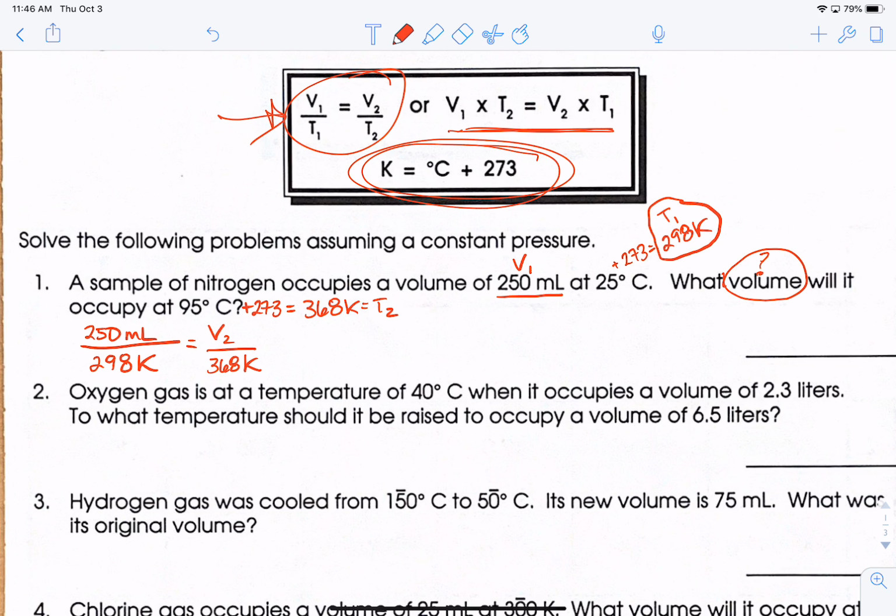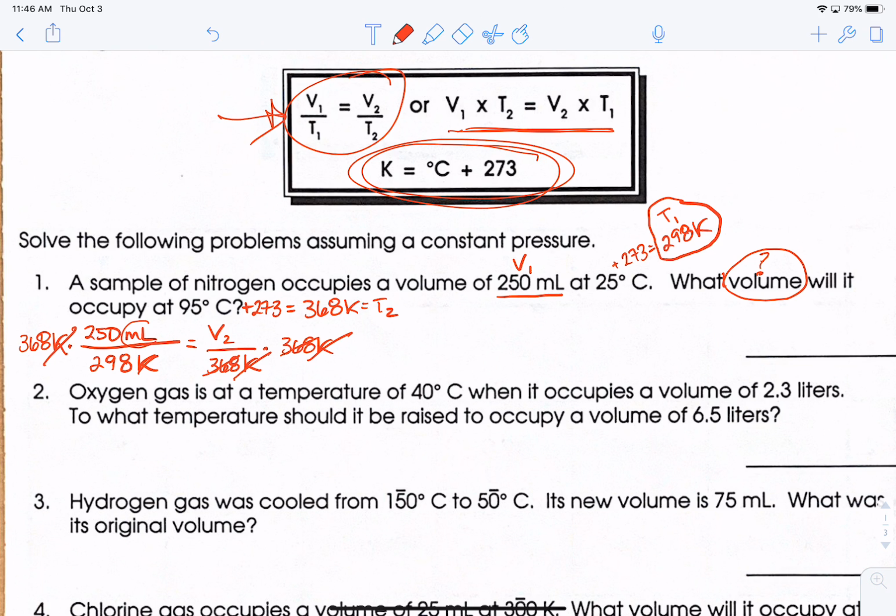I'm going to show you a shortcut real quick. You don't necessarily have to cross multiply unless your variable's in the denominator. Right here it's in the numerator. So I could multiply both sides by 368 K, and that's a lot faster. And remember, I stop myself and I cancel everything out, make sure I'm on the right track. My K's cancel.